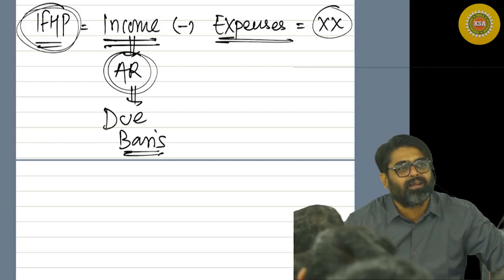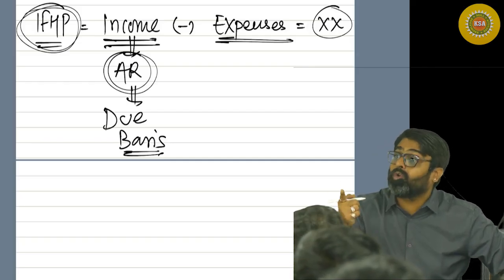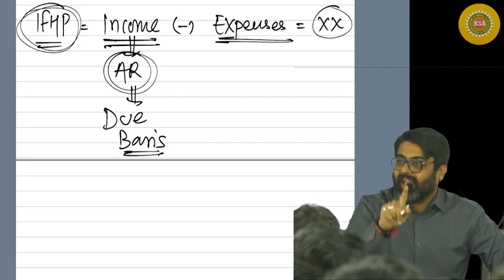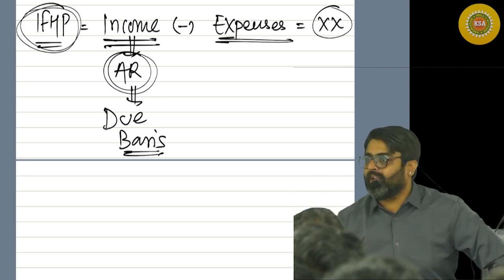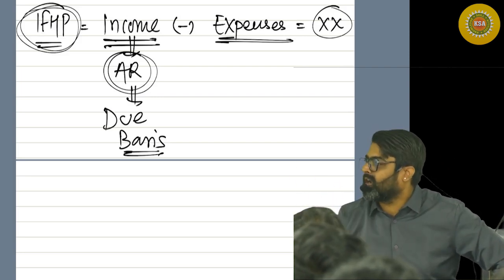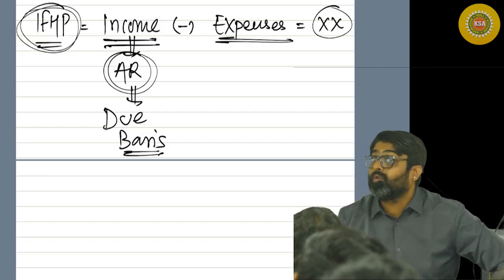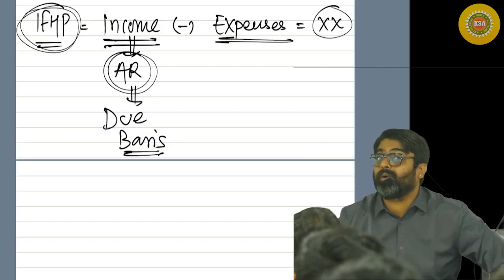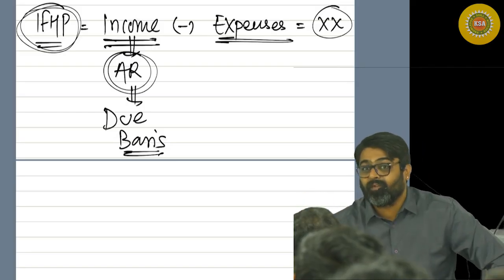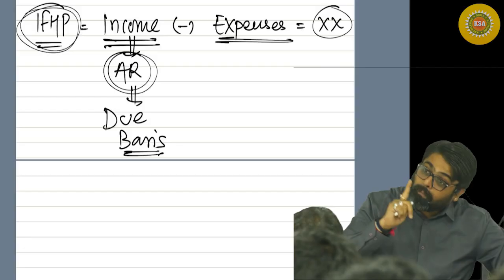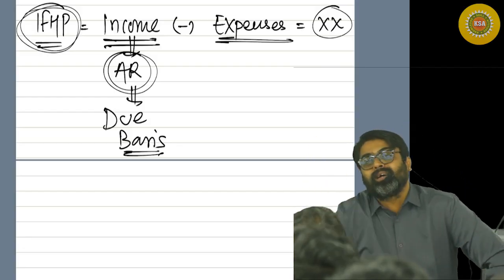So the government wants you to clear those dues on time. Hence, if it is allowed on due basis, you are never going to clear those dues on time. So, to compel you to pay those municipal taxes on time, if you want to claim the deduction here, you have to first pay it and only then can you take the deduction.